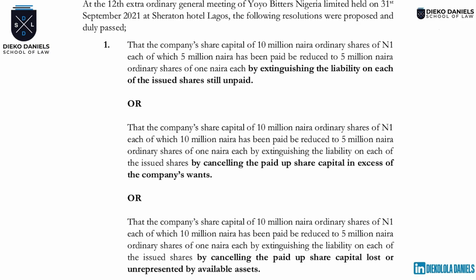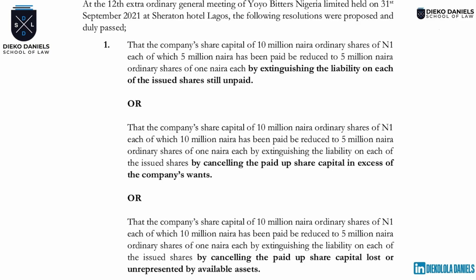It means that when you want to reduce your share capital, you have to look at the question very well and understand whether it falls under A. Is it that they have not fully paid, so it's A? Or that the share capital is lost or unrepresented by assets? Is that the issue here? Or is it that it is in excess of the company's wants? So that when you are couching it, you would know how to couch it.